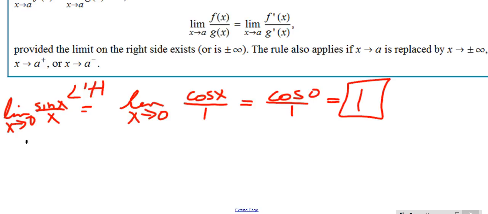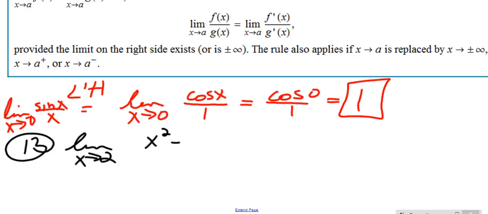So we'll do number 13. And 13 says, let's take the limit as x is approaching 2 of x squared minus 2x over 8 minus 6x plus x squared. This is, with direct substitution, a 0 over 0 indeterminate form, meaning we can't take this limit approaching 2.